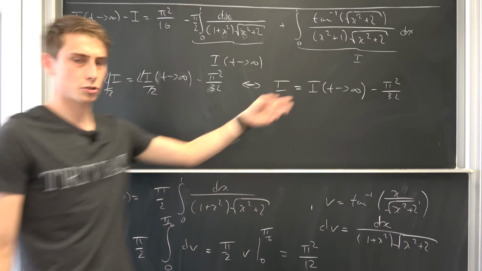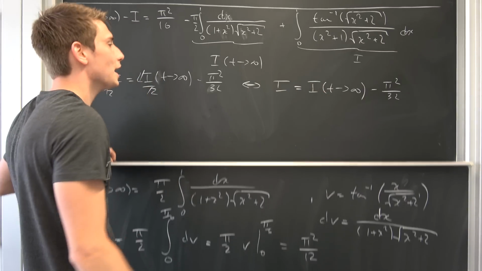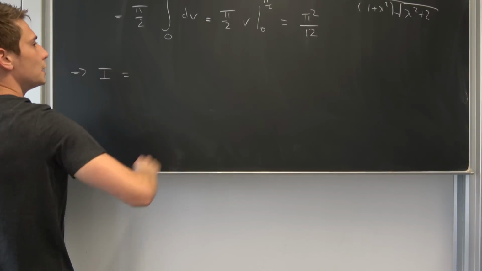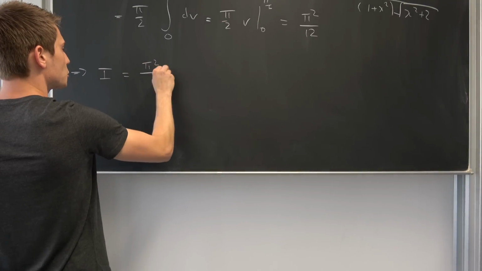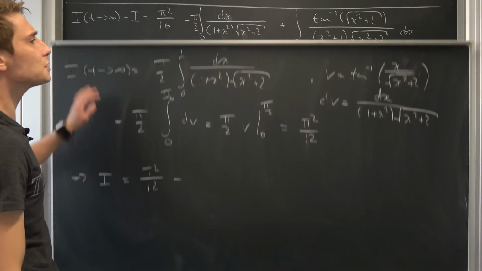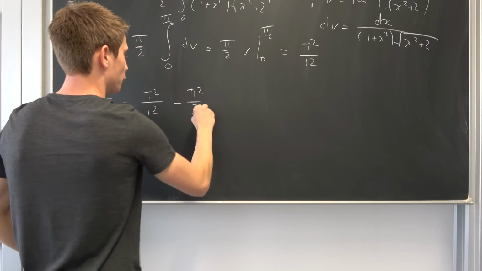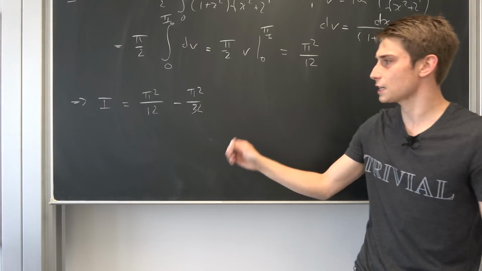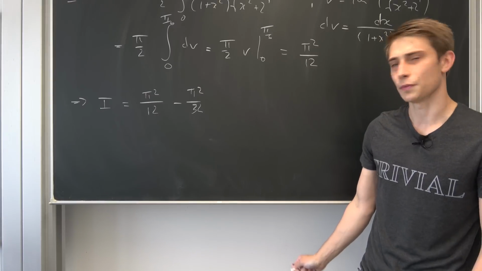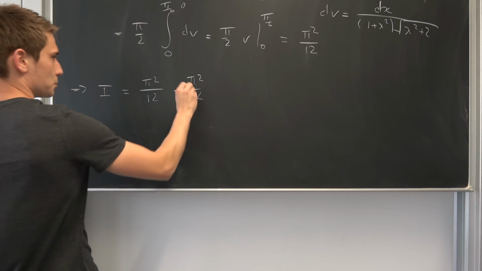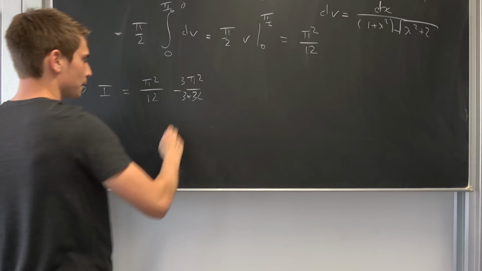And now we can just plug this into here, and then we are done. So, Ahmed's integral I is nothing but pi squared over 12 minus pi squared over 32. And that's a nice value. Do I have to? Yeah, I'm going to simplify it. Well, we can multiply this by 3 over 3.